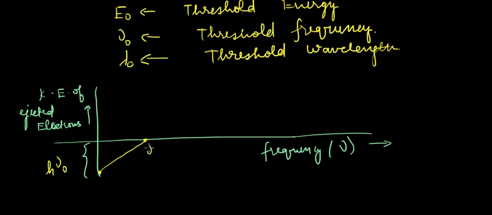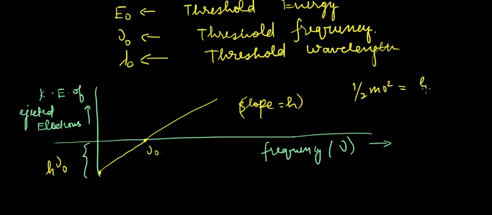So this is nu naught, and afterwards we have a slope of h, as half m v square equals h nu minus h nu naught. Just compare it with the equation y equals m x plus c.